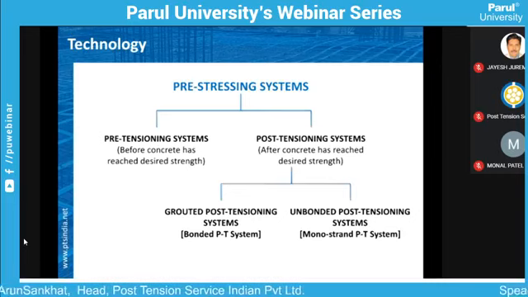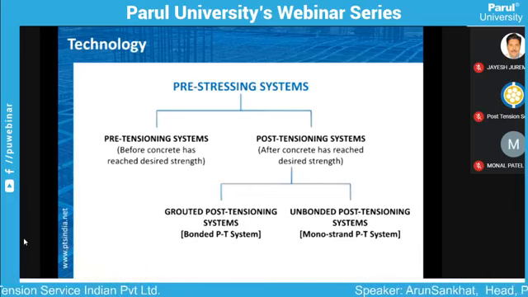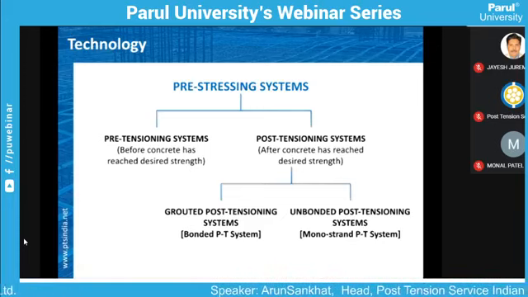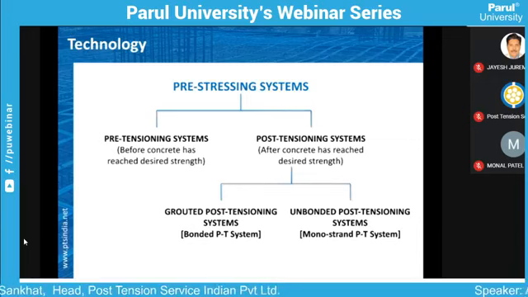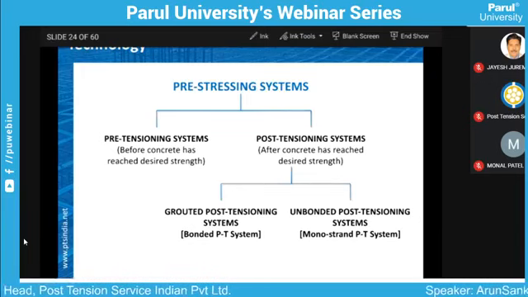We brought this technology to India in 2006, and since then we have completed more than 1700 projects with this system. With this background, I am going ahead with the unbonded PT system, how it looks and what the nuts and bolts of this system are.